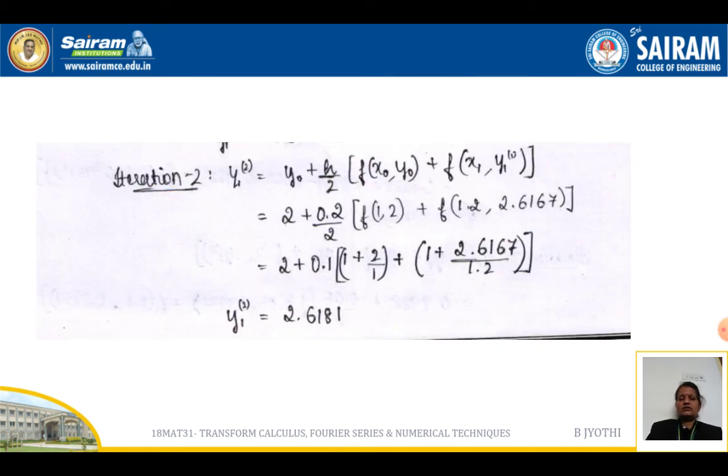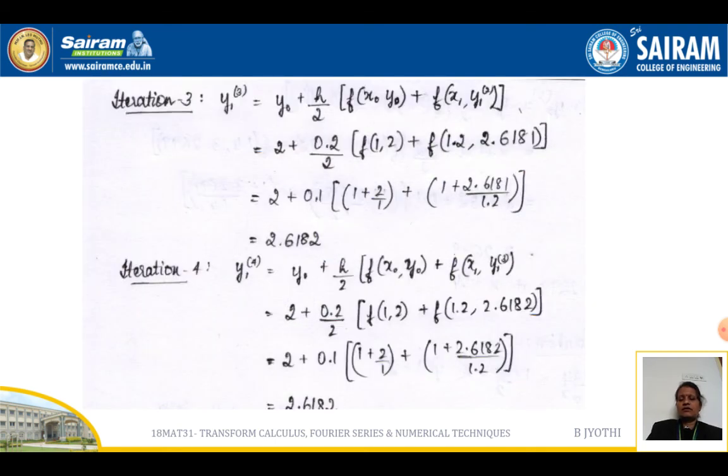Next iteration, same formula, only here y1 of 0 will be replaced. So we are getting 2.6181. Next, one more iteration gives 2.6182. Another iteration 2.6182. Now we can observe iteration 3 and then 4 is same. So we can stop at it.